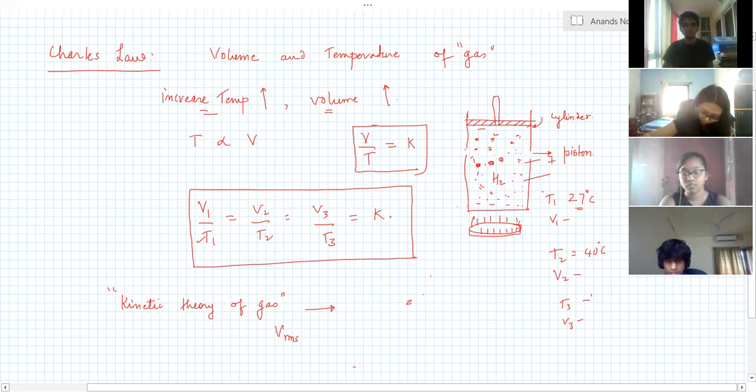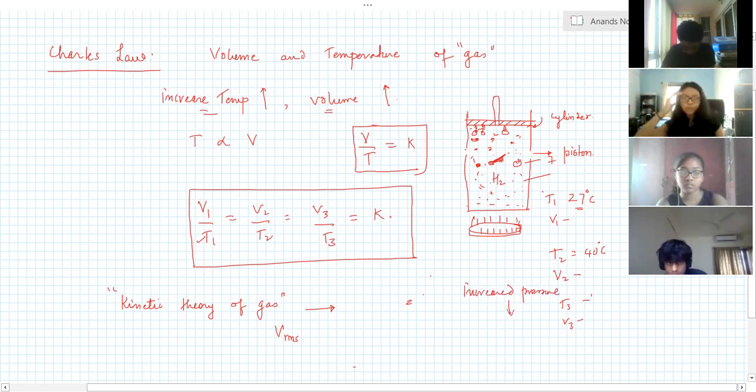What happens is when temperature increases, the average kinetic energy of the gas is going to increase. And they will keep bombarding against the walls of the container, and this fellow can move, right? So it is going to move. So the movement of the piston is directly because of increased pressure. Why did the pressure increase? What is this pressure?